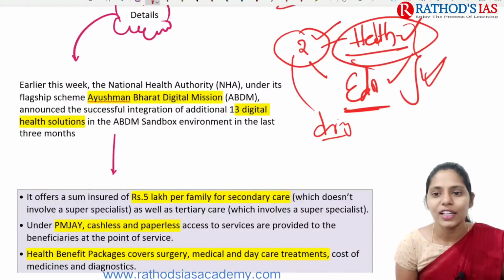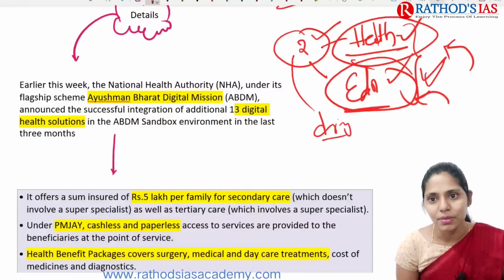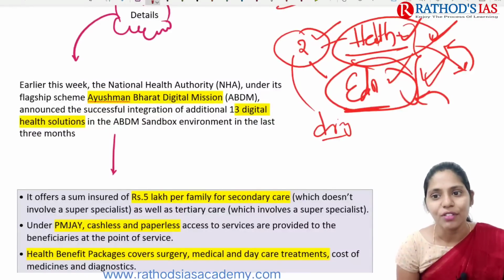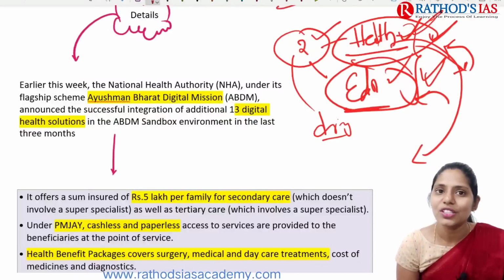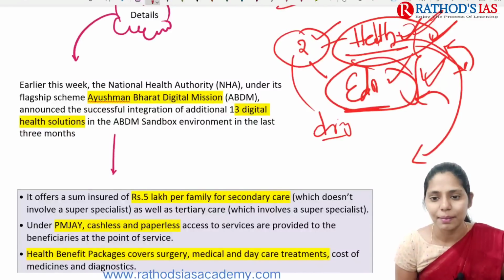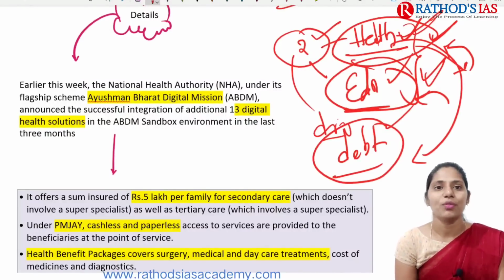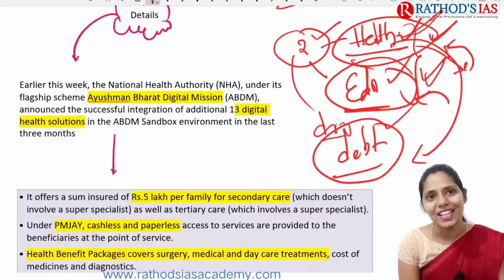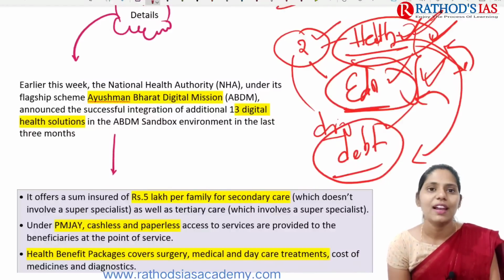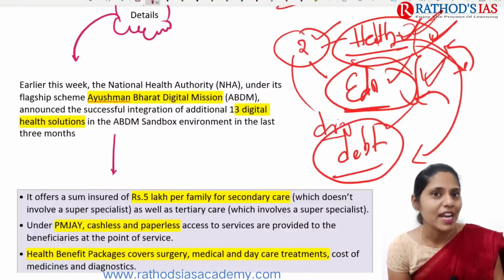Because for health and education, if people do not have enough money, for example in the health sector, they need to borrow money and invest here. Because of this, that will lead to a debt trap for that family. So if the government is providing proper health services, it will be very helpful for improving the people's standard of living.